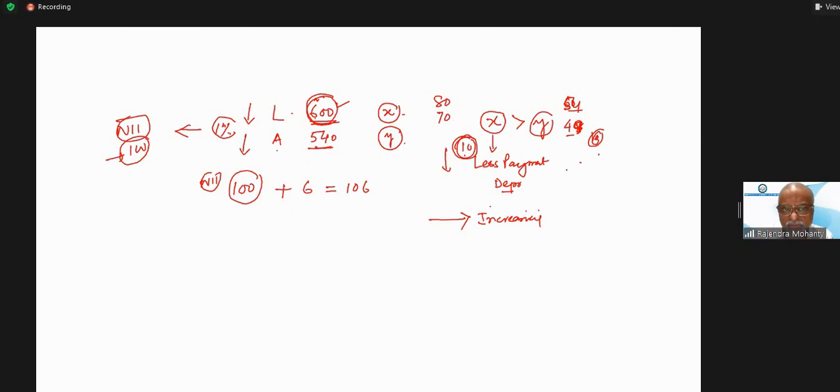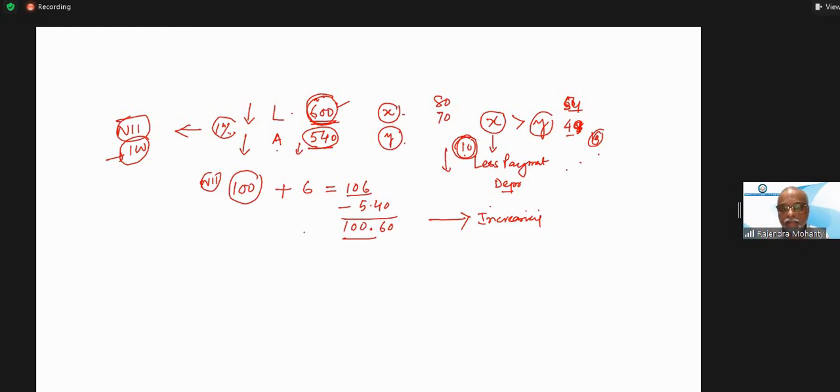Now here the asset side has also decreased by 1%. How much is that? 5 rupees 40 paisa decrease. Our income has decreased, so from this you have to deduct. So how much is our total? 106 minus 5.40 is 100.60.